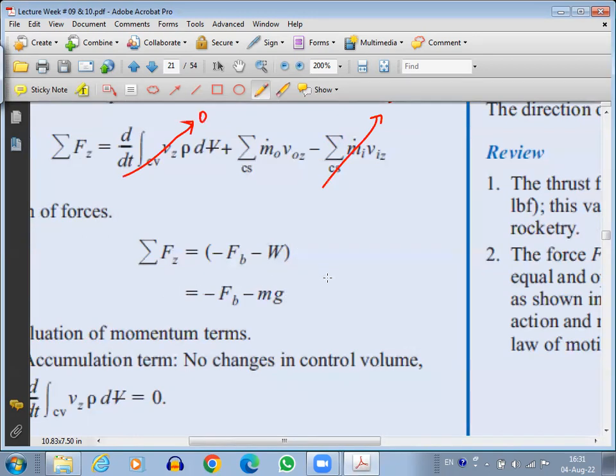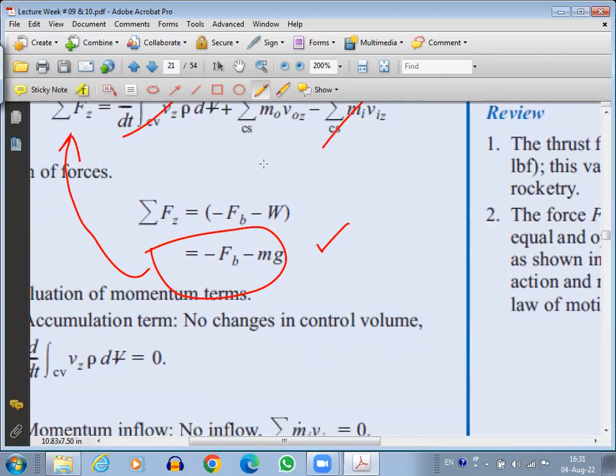So we'll get this as one equation. That will be the summation of forces, this term, summation Fz.